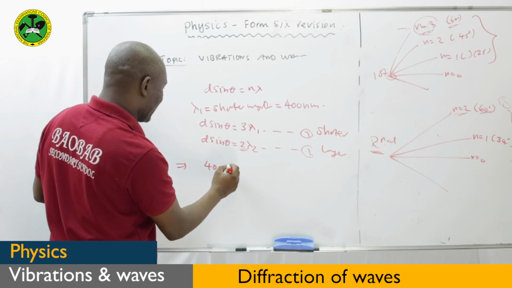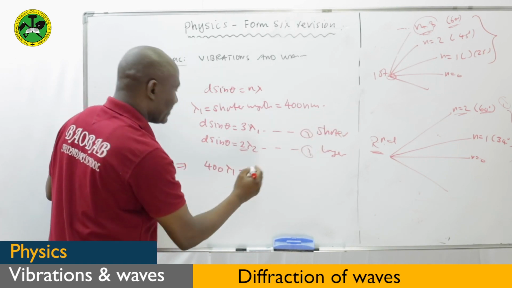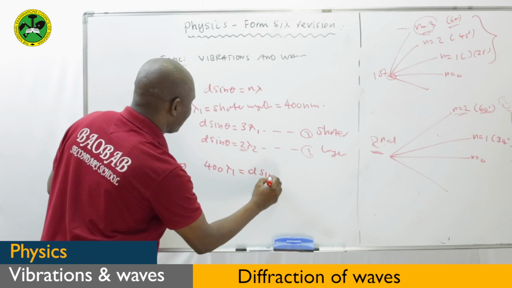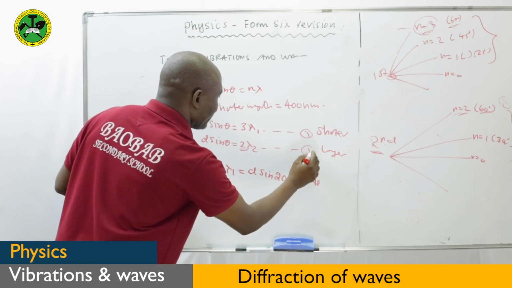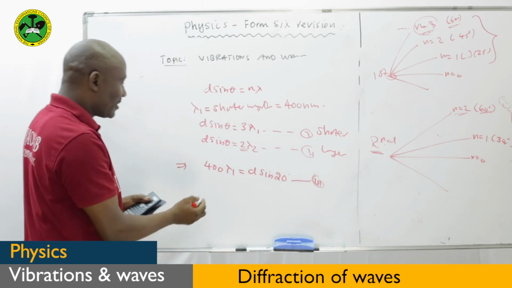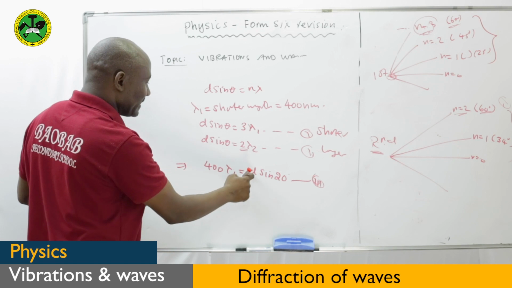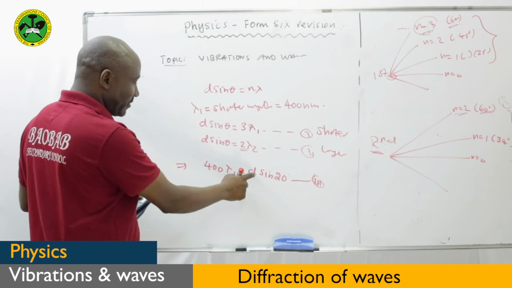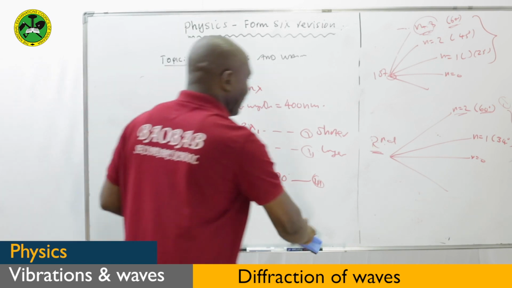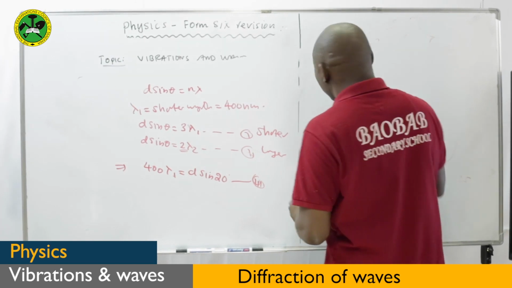So 3 lambda 1, which is 400, equals d sine of 20 degrees. Let's take this as question number 3. Because the wavelength is given, you can find d, and when you are looking for the number of lines per meter, because you know d, you can find g. But when you are finding the long wavelength, which formula do you use?